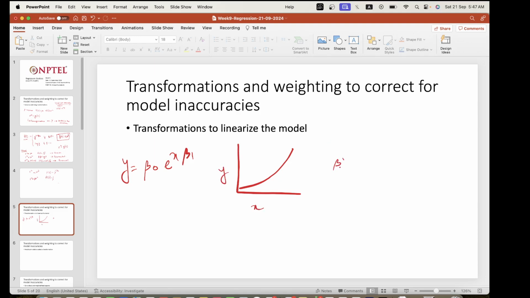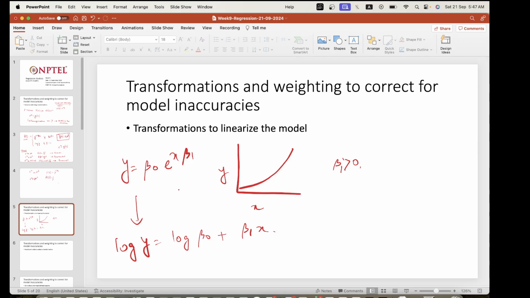Then taking a log transformation of the right hand side, we get log y equal to log of beta naught plus beta 1 x. So this solved our problem.